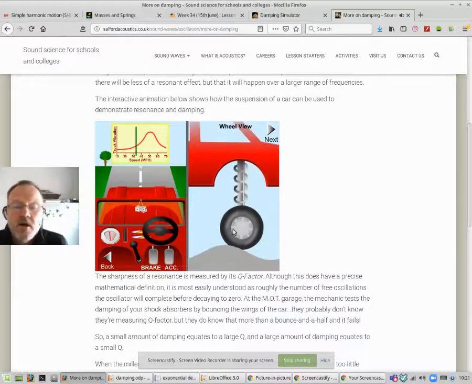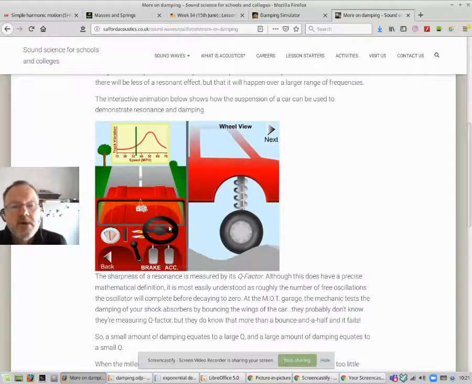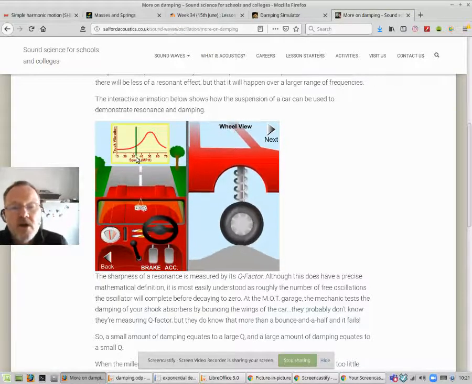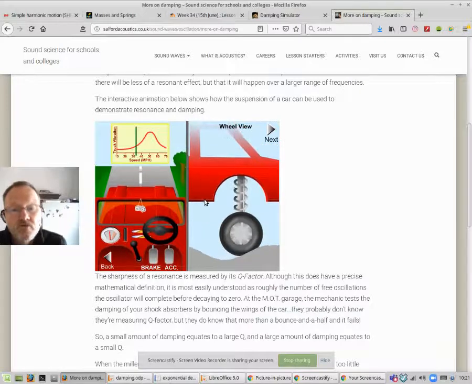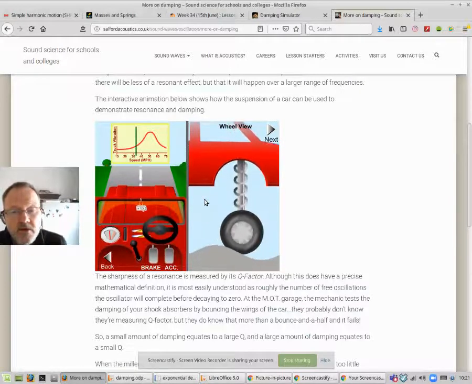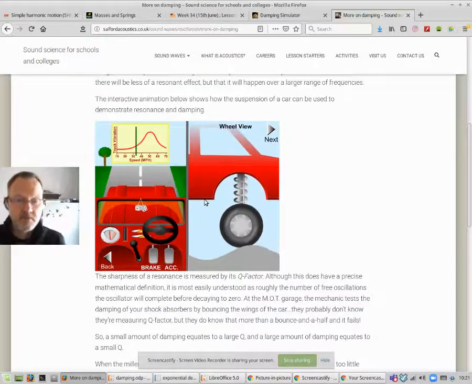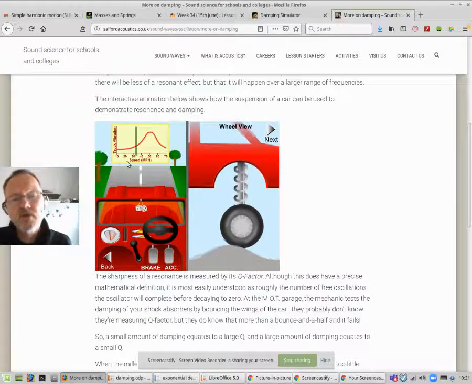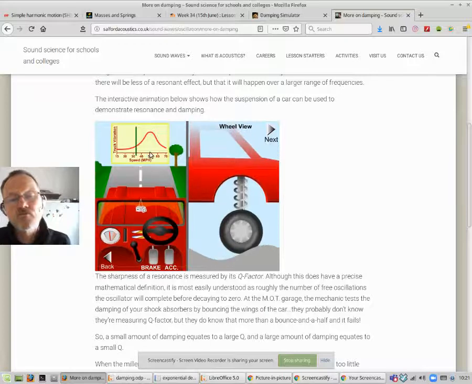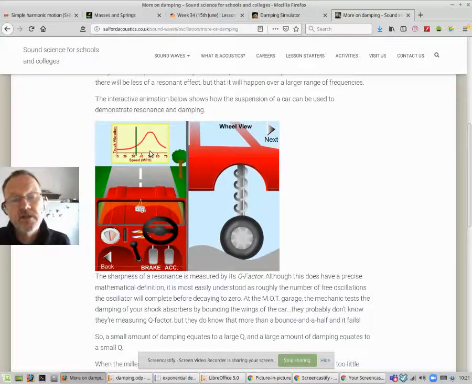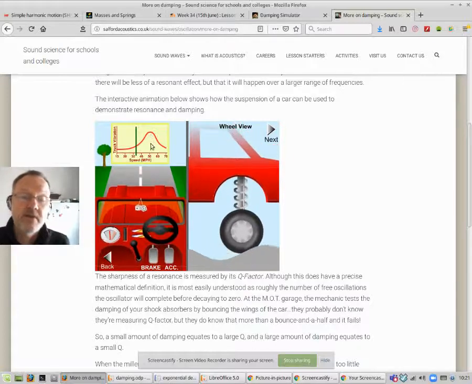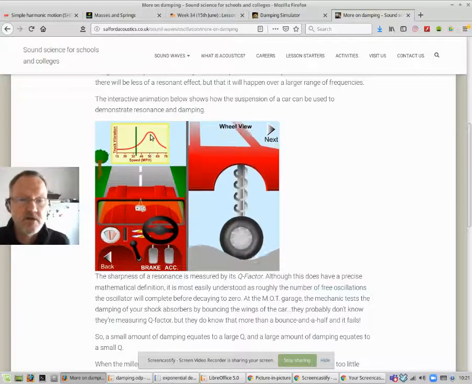So as this car is moving along at a certain speed, we are driving the car. Now the car has its own natural frequency, but the frequency of the bumps might be different because of the speed we're driving at. As you know, if the driving frequency matches the natural frequency of the car, we get resonance, and we get very large amplitude oscillations occurring in the car.